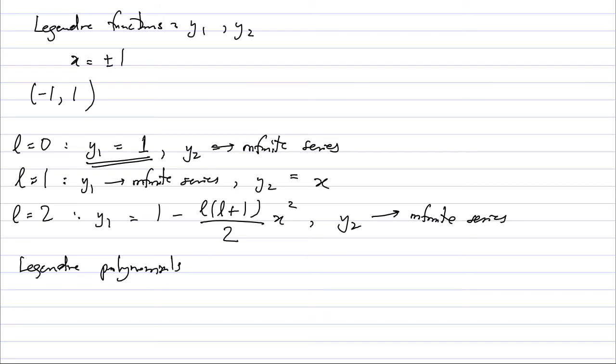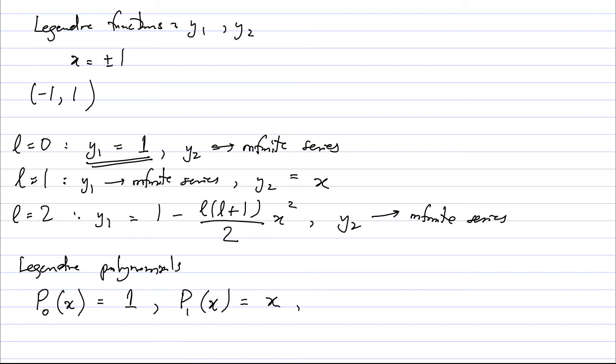Okay, these polynomials are essentially denoted in the following form. You write P, Legendre polynomial, then you write a subscript which denotes what value of L you are talking about. So this is simply equal to 1. Okay, P1(x) is equal to x.